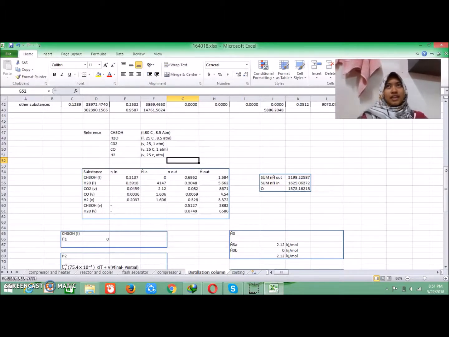Distillation column is a non-reactive calculation, so I use the changes of pressure and also integration of Cp, and I calculated all of it, and I get the total is 1573 kilojoule per year.